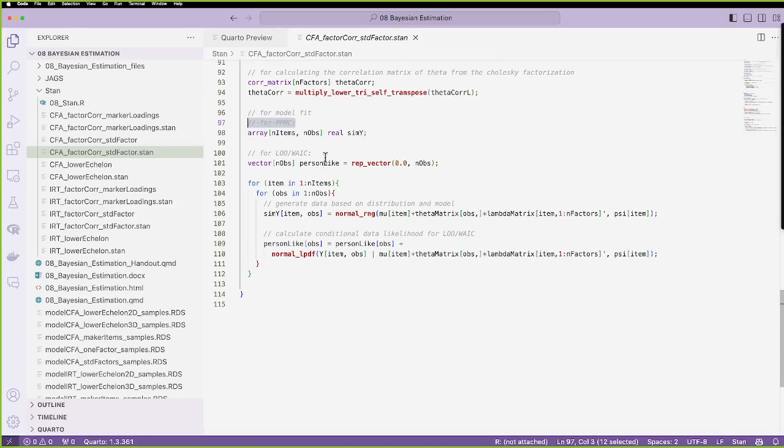And then relative fit using either leave-one-out or the widely applicable, or Watanabe-Akaike, information criterion, WAIC. The latter part, you will note here, uses a likelihood function, so basically the likelihood of the data based on your measurement model itself. You calculate a person likelihood of all the items every step of the chain. That's how it functions.